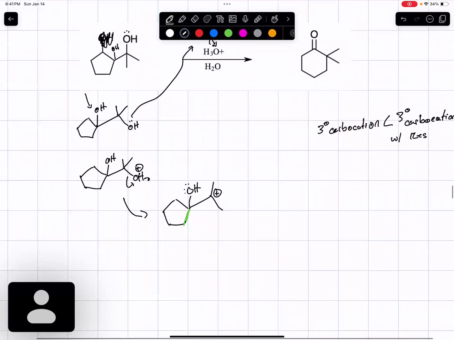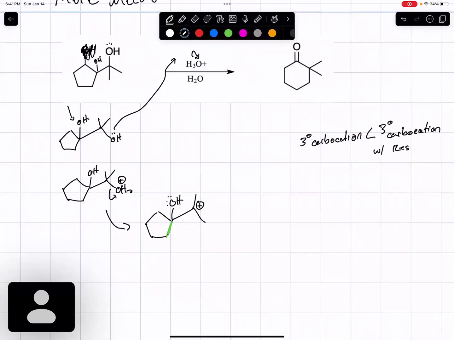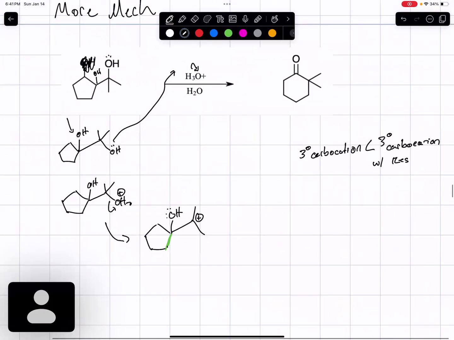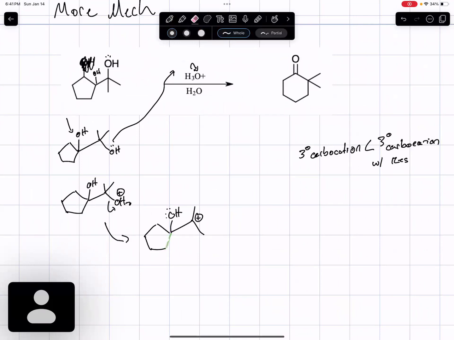Now, all we have to do is remember this argument, right? And move that bond that's in green. That bond that is in green is going to break and is going to reform here. That's what makes our 6-membered carbon ring.